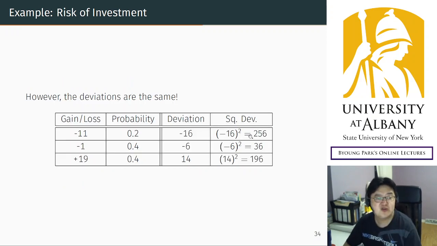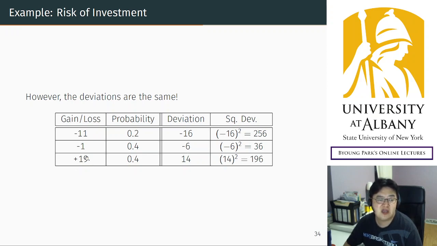Now let's calculate the deviations. Minus 11 minus 5, the mean, equals minus 16. And minus $1 if you lose $1 is $6 below the expectation.